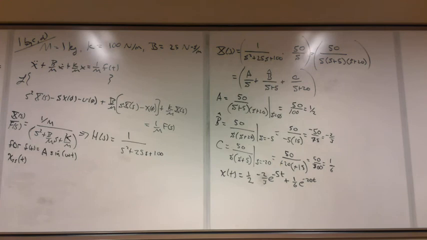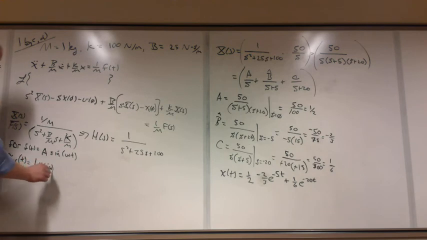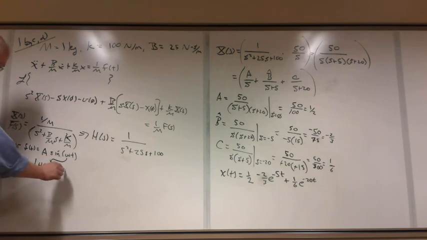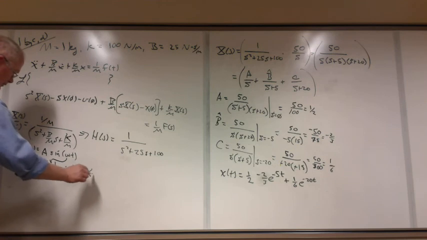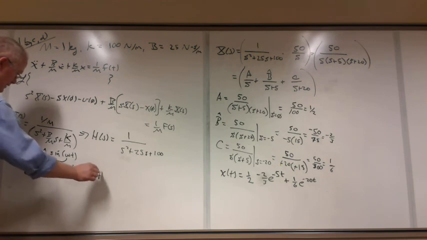We're going to go ahead and draw that. Then x steady state of t is actually going to be equal to the magnitude of h of j omega, that's the same omega here as we have there, times sine of omega t plus the angle of h of j omega.